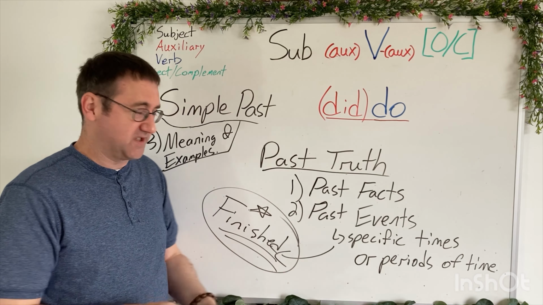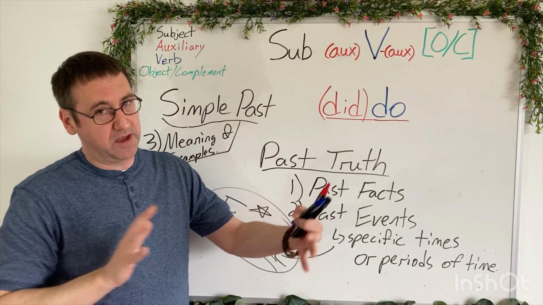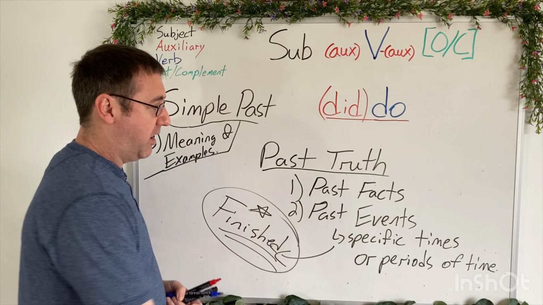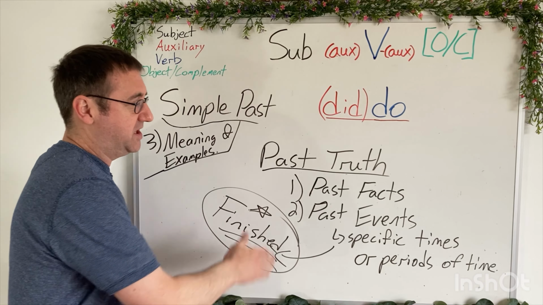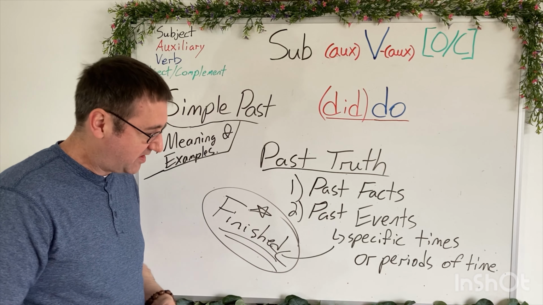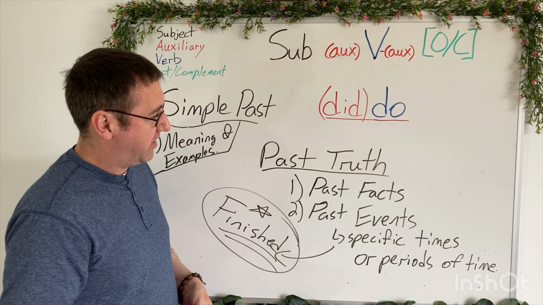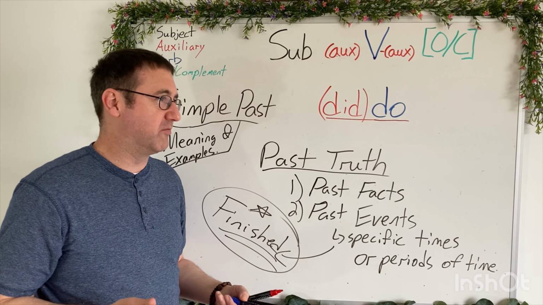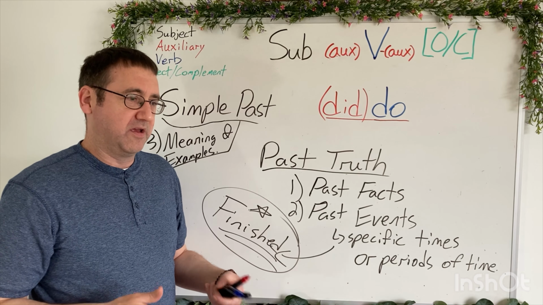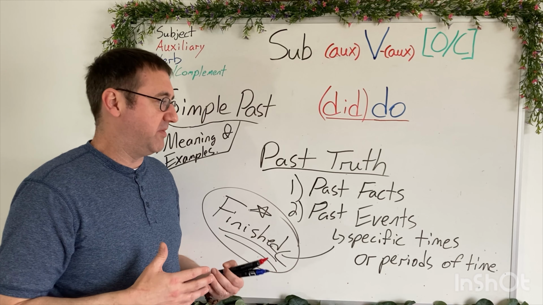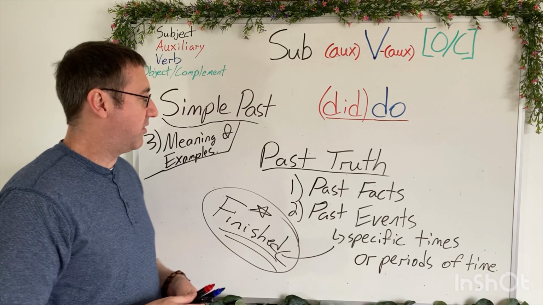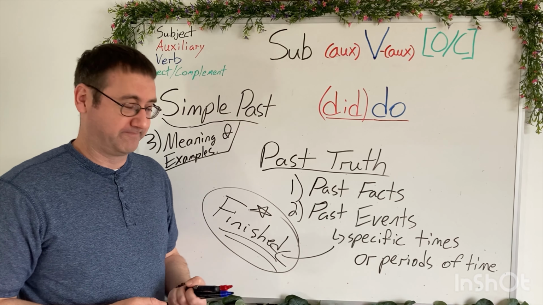And so I'm not just talking about a point in time, I'm talking about a period of time, a length of time. But those things are finished. And even past facts, for example, the sun rose in the morning, something like that, even represents a period of time. Okay, so let's look at some examples.